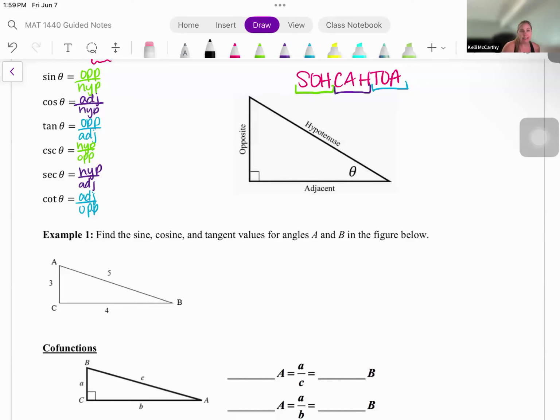Given the triangle, find sine, cosine, and tangent values for angles A and B in the figure. To find sine of angle A, it's going to be opposite over hypotenuse. So the side opposite angle A is 4 and the hypotenuse is 5.